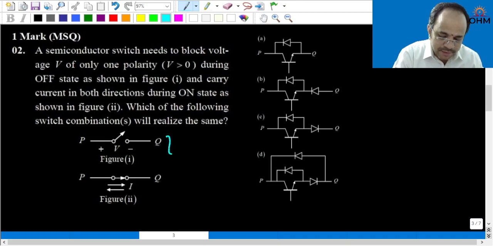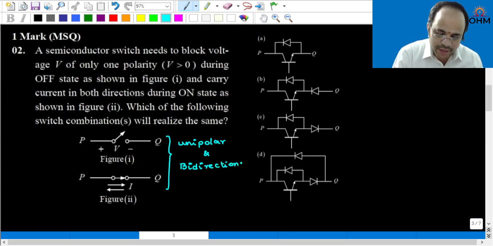That means based on figures 1 and 2, you need to identify a unipolar and bidirectional switch.